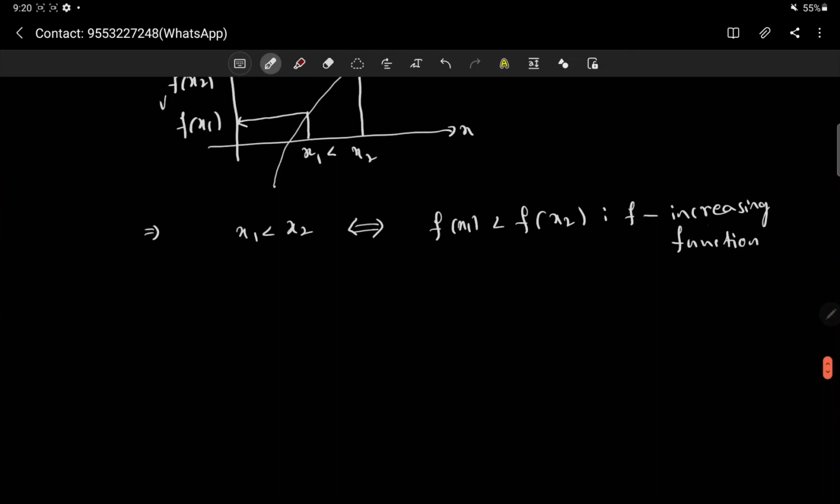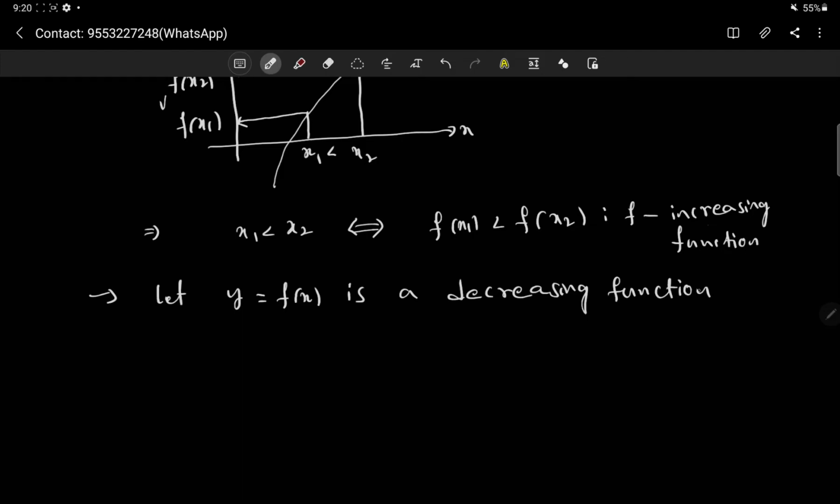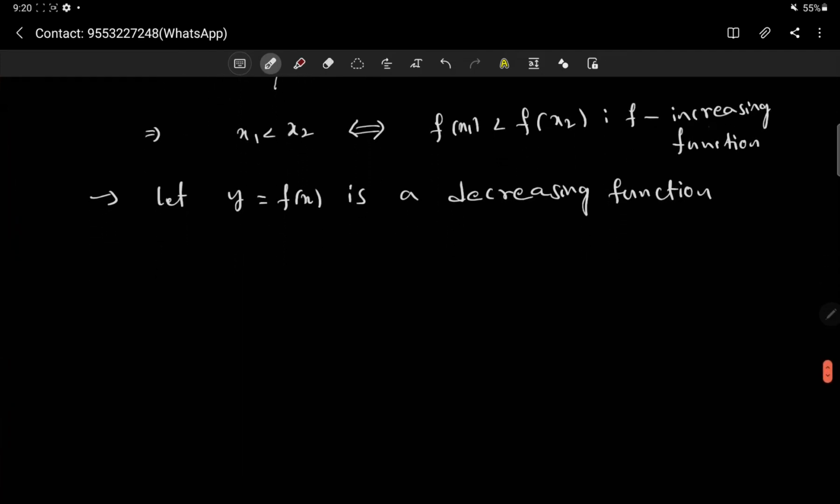Now you see about a decreasing function. Let y is equal to f of x be a decreasing function. Now we are going to discuss about this decreasing function. Let it be continuous and differentiable.